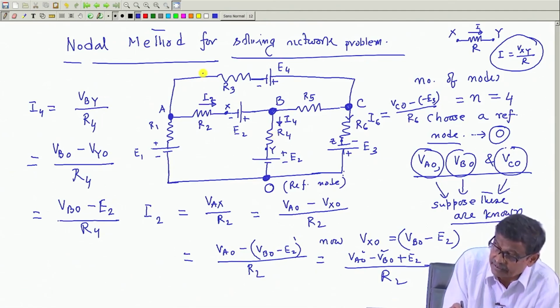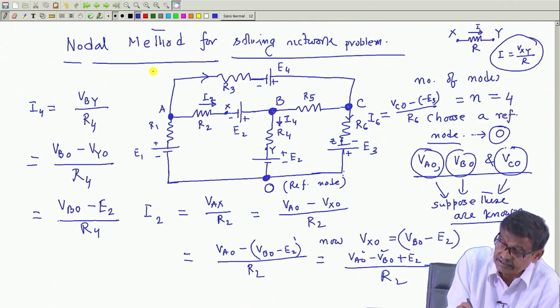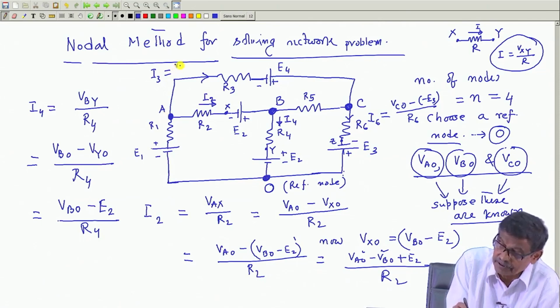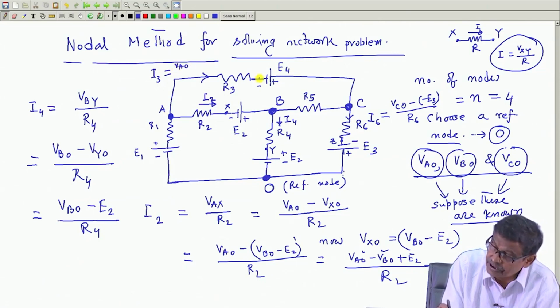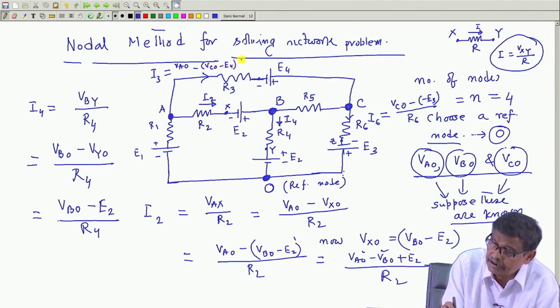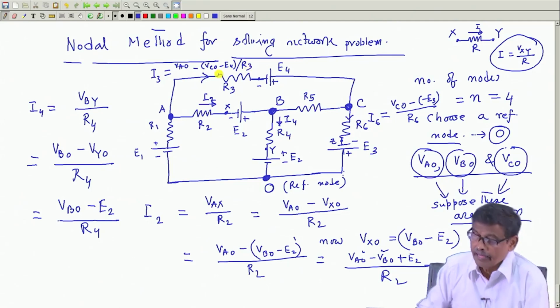Similarly, for this branch current, say I3, it will be Va0 minus the potential of this point, which can be translated into Vc0 minus E4, divided by R3.